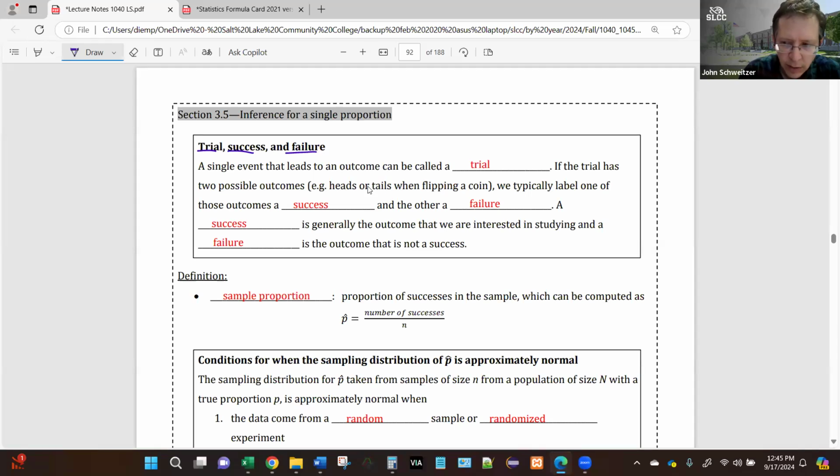A right turn was a success, the baby choosing the helper was a success, stuff like that. It's not necessarily that success is a good thing, it's just the name of the category we're interested in. So we add up the number of successes and then divide by the sample size. That gives us our sample proportion. Nothing new there. We've seen that formula before.